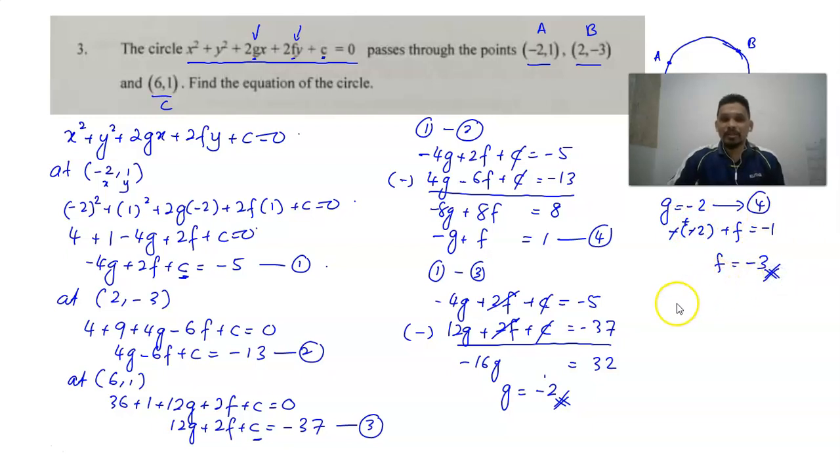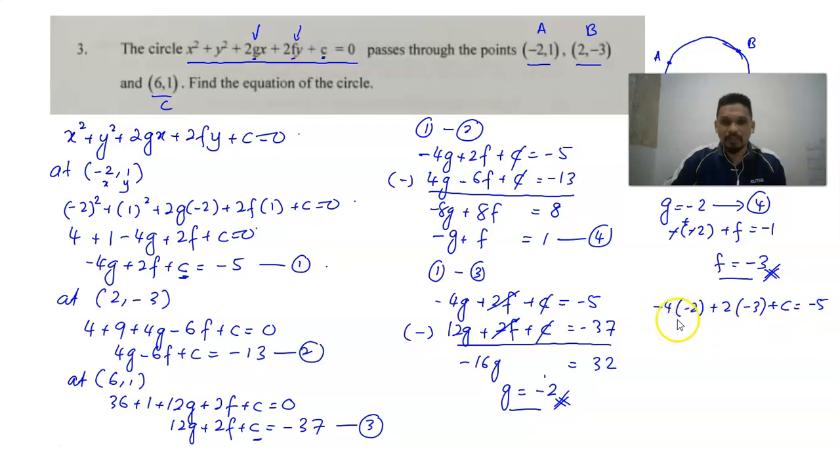Okay, so we already have got the value of g and also f. Substitute these two both into either equation 1, equation 2, or equation 3. So I choose equation 1 then. Negative 4g, which is negative 2, plus 2f, negative 3, plus c equal to negative 5.